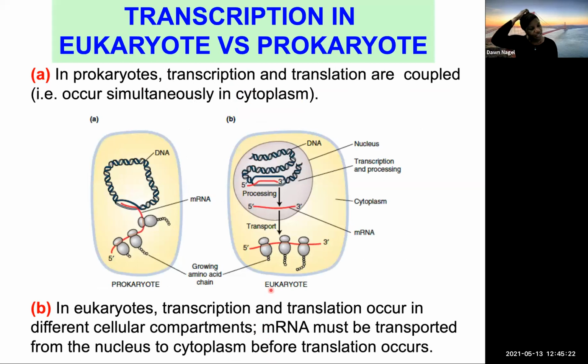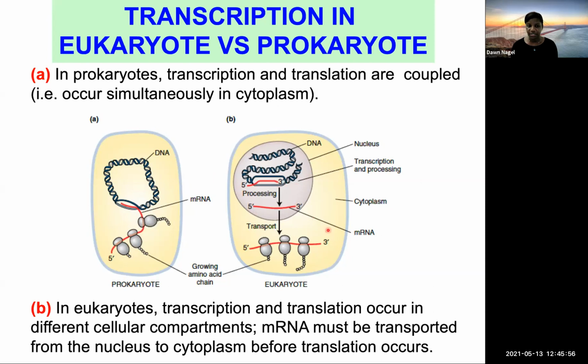So for the rest of the lecture today, I want to talk about more post-transcriptional regulation, what's happening after the mRNA is made. As I mentioned previously, in prokaryotes, you have transcription and translation that can occur simultaneously, because there's no compartmentalization between the organelles in prokaryotes, right? So as your transcript is made, you can start translating that right away. In eukaryotes, it's a little bit more complicated, as you're aware of, right?